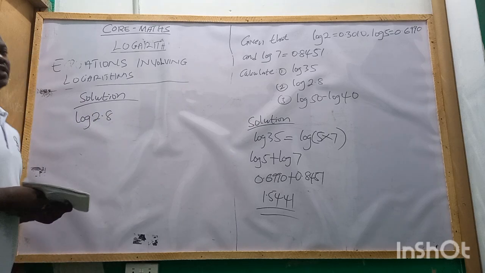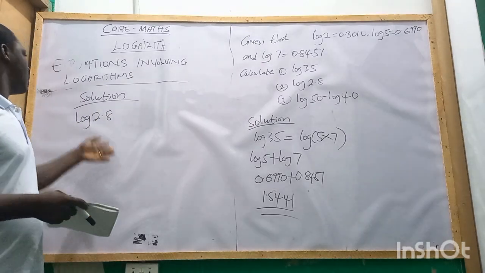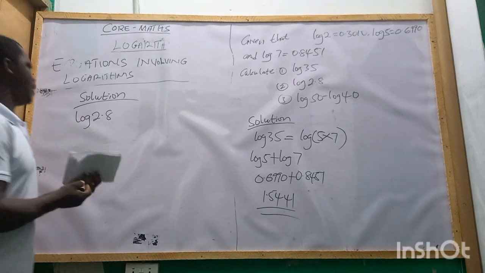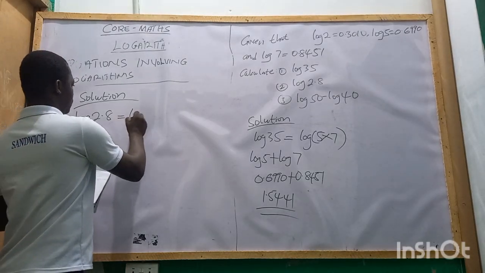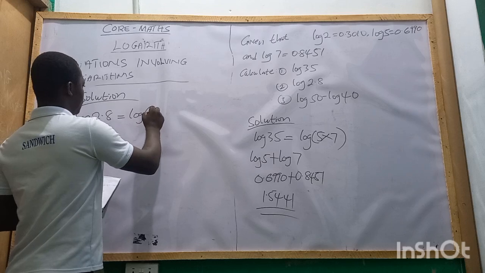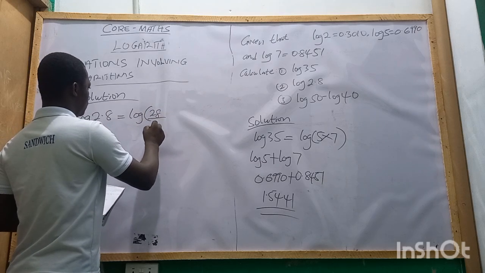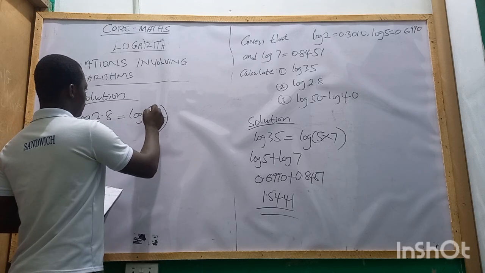How can we express the decimal as a fraction?